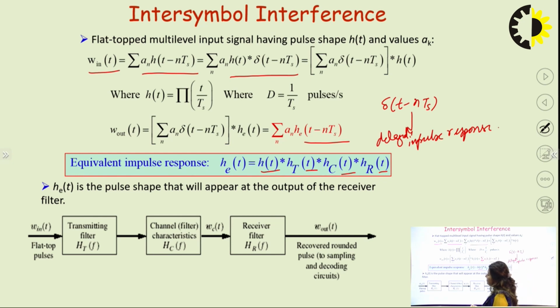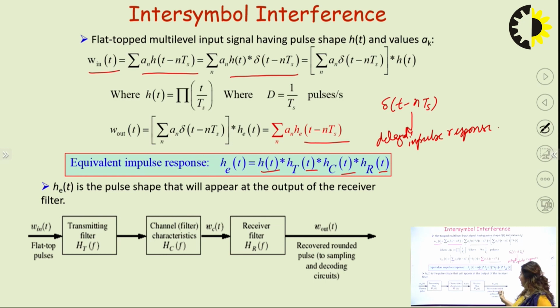At the input we have w_in(t), which is flat-top pulses, and all the tops of the pulses have to be initially flat. Then it is transmitted through the transmitting filter, then the channel, and then the receiving filter. Then we have recovered rounded pulses going to the sampling and decoding circuits.